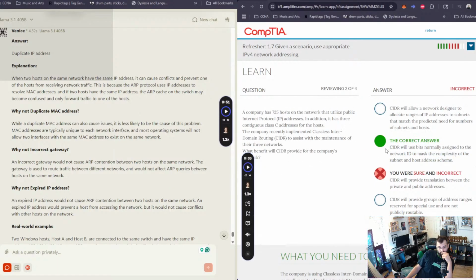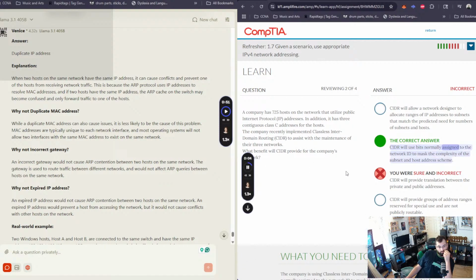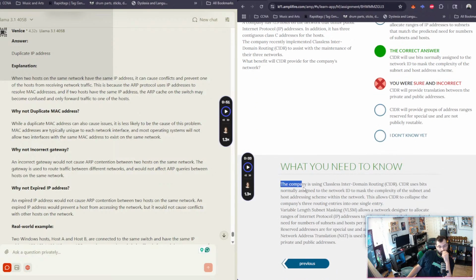Address scheme. What? CIDR will use bits normally assigned to the network ID to mask the complexity of the subnet and host address scheme. The company is using classless interdomain routing, CIDR. CIDR uses bits normally assigned to the network ID to mask the complexity of the subnet and host addressing scheme within the network.